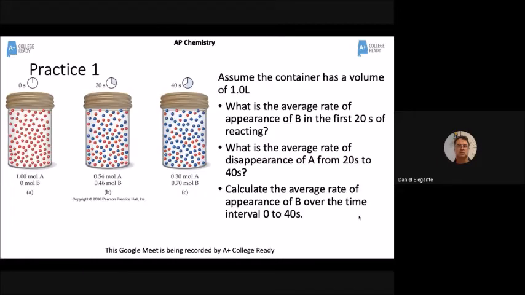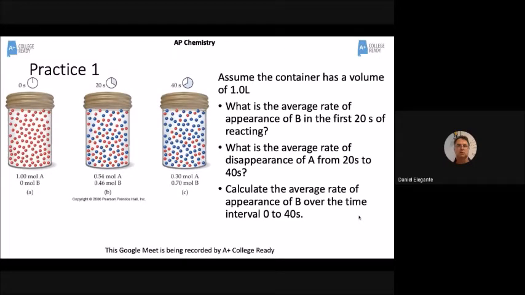So if you look at the 3 mason jars, what is the average rate of appearance of B in the first 20 seconds? Well, in the first jar, there's 0 of them. And in the second jar at 20 seconds, there's 0.46 moles of B. So how do we calculate that?